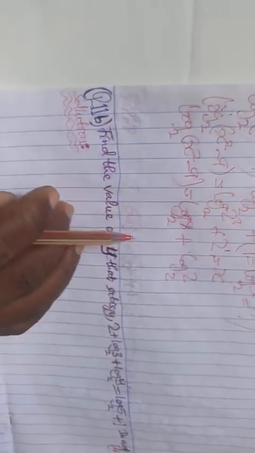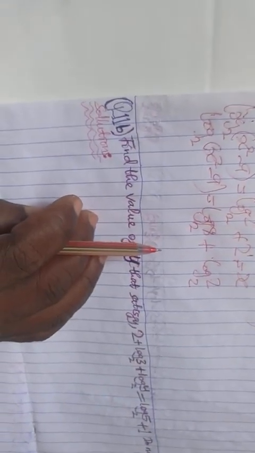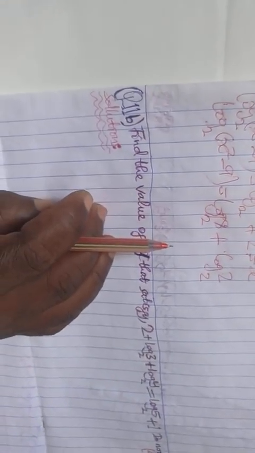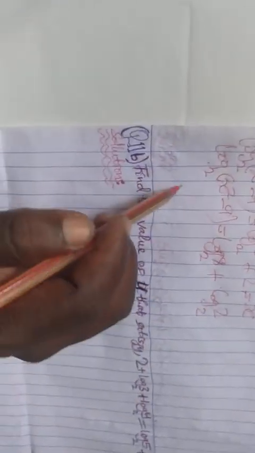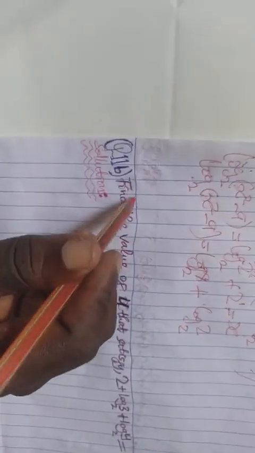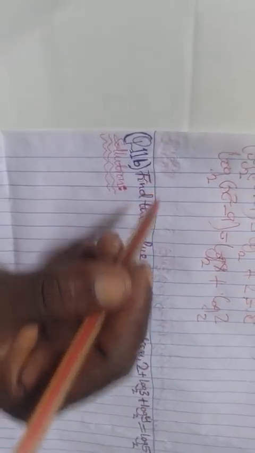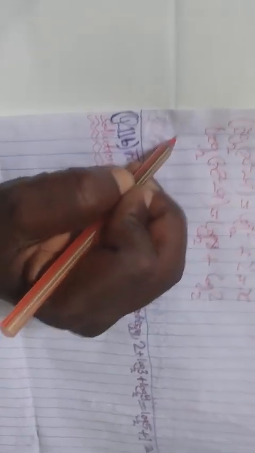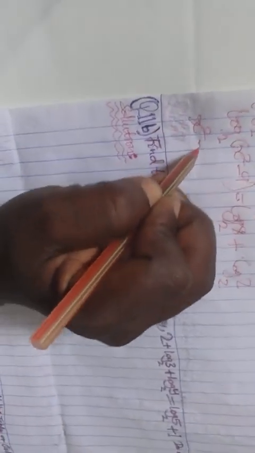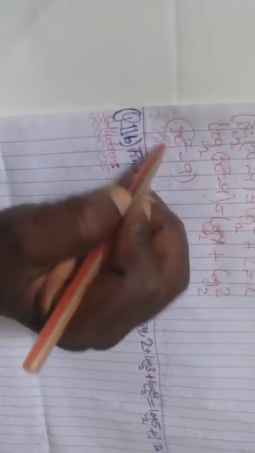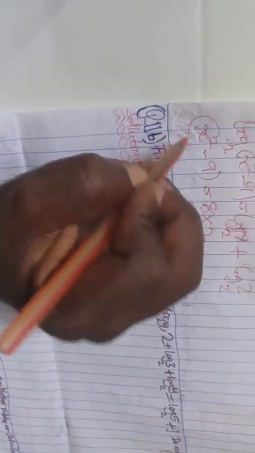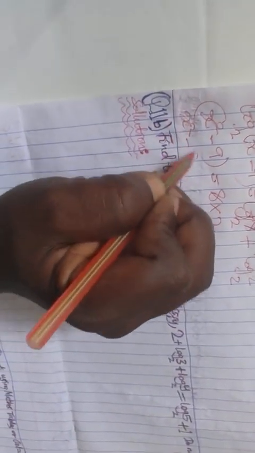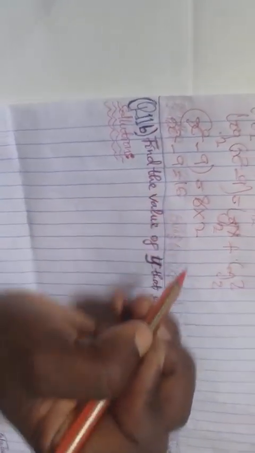By dropping the logs and following the rules of logarithm, that addition goes with multiplication and subtraction goes with division, x squared minus 9 into brackets is equal to 8 times 2. x squared minus 9 is equal to 16.